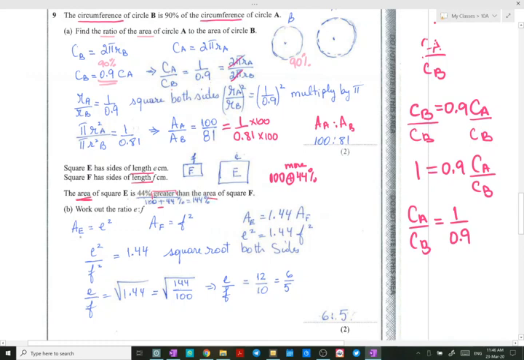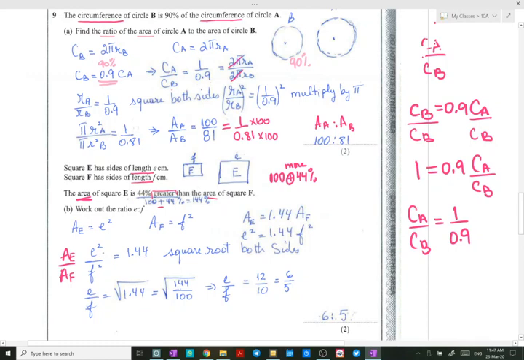So the area of E, which is a square, is equal to side times side, so it's E squared. Area of F equals side times side, which is F squared. And if we want to find the ratio of E squared over F squared, which represents the area of E over the area of F, it's going to be equal to 1.44.